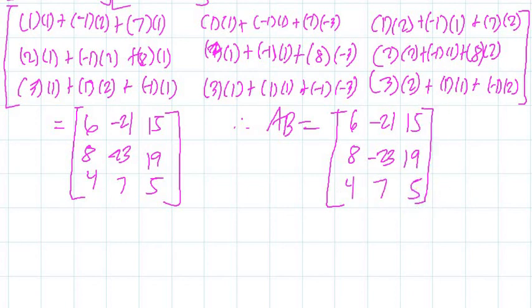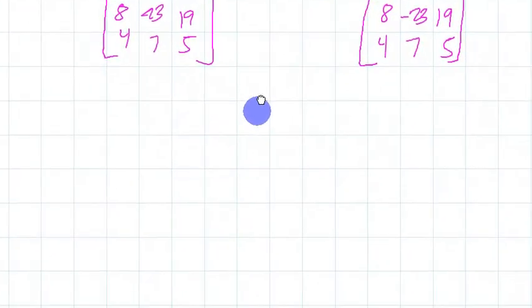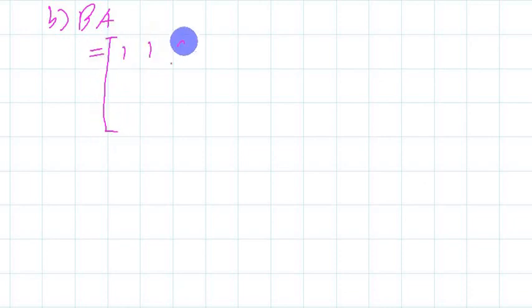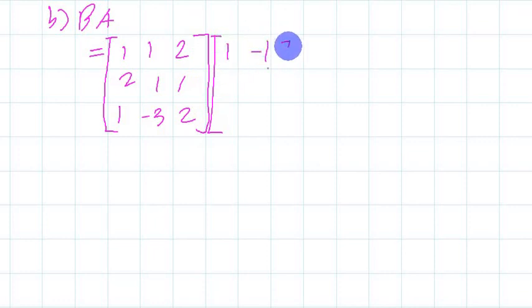Now, let's do the same for BA. For BA, it will simply be 1, 1, 2, our B, multiplied by our matrix A. We are now going to place how we multiply our entries, and it's very similar to what we just did a while ago.